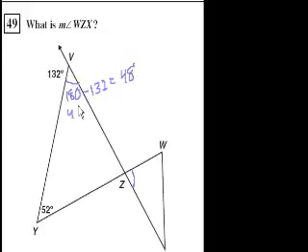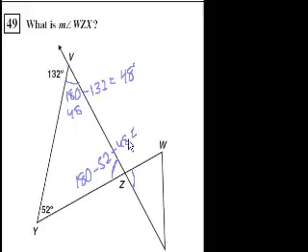So this one's 48. So the sum of the angles, let's write that down. This angle is going to be equal to 180 minus 52 minus 48, because the angles of a triangle add up to 180.